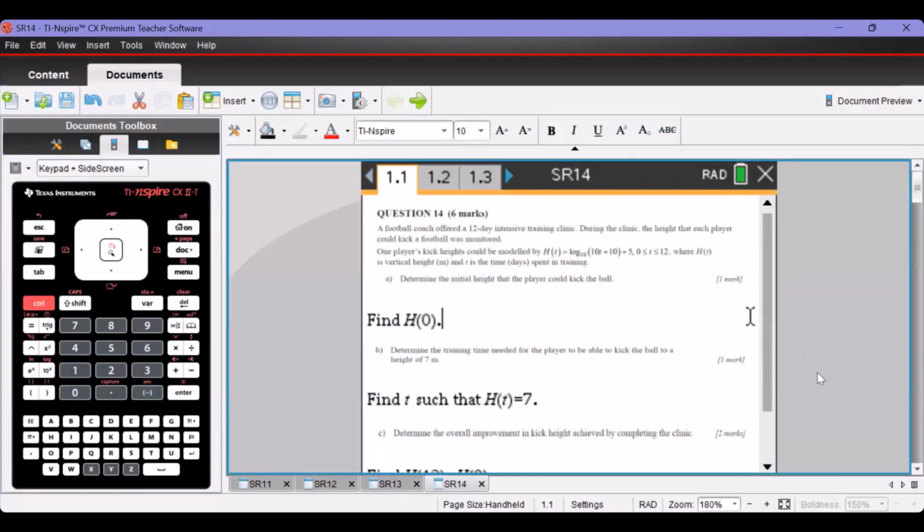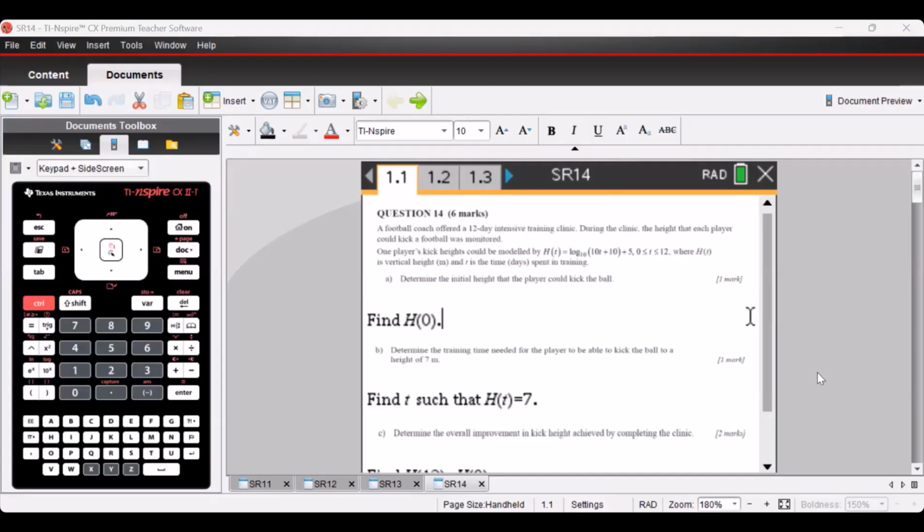Question 14, worth 6 marks and is a 5-part question. It's also an applications of functions question where we have a situation that's modeled by a function. A football coach has offered a 12-day intensive training clinic, and during the clinic, the height that each player could kick a football was monitored.